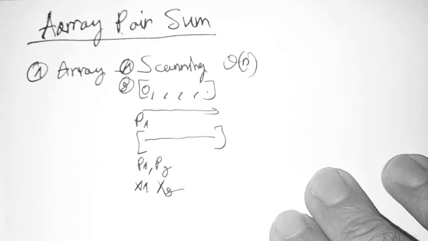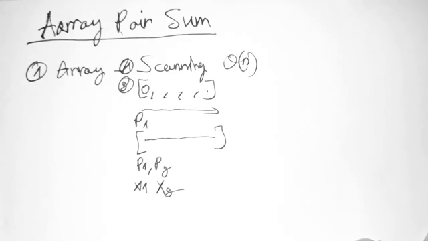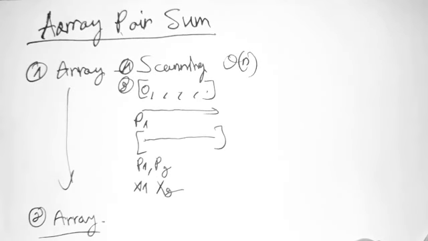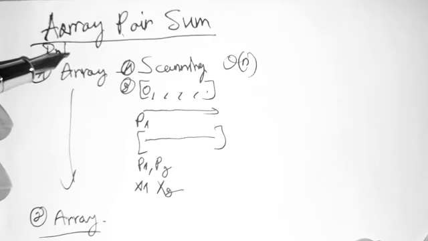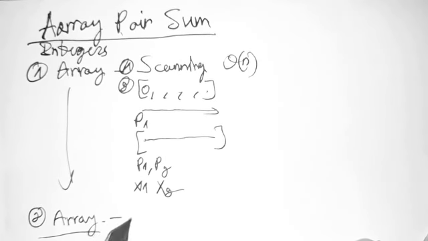Let's see which other techniques we already know about this question before solving it. We know it is an array. And what can you do with an array? If it's an array of integers, then you could, of course, sort it. You could massage your input data.